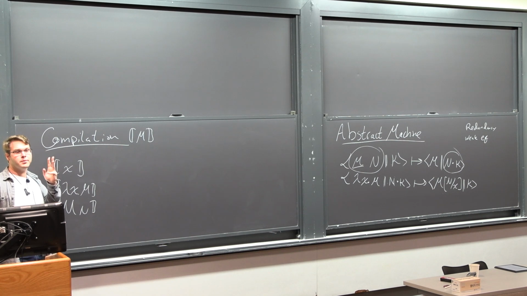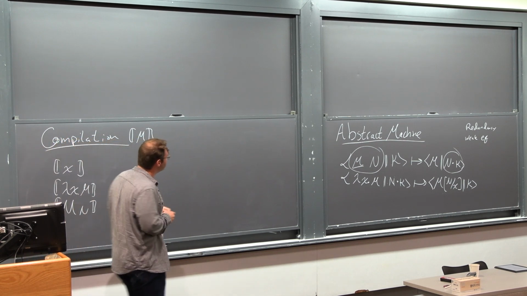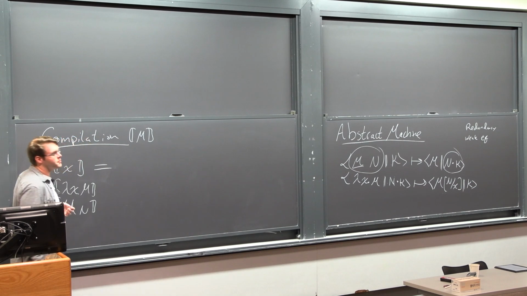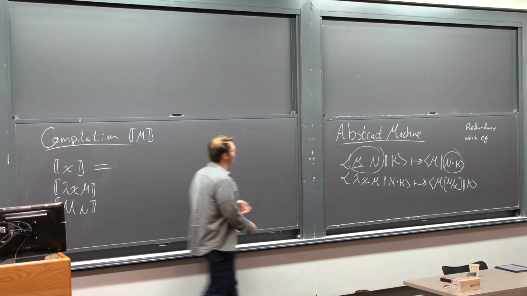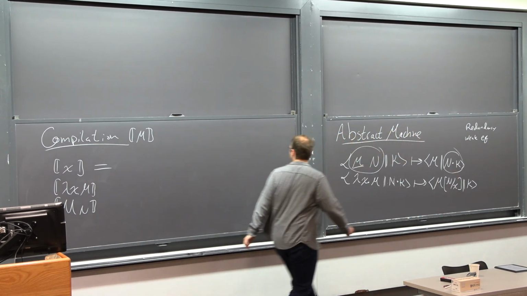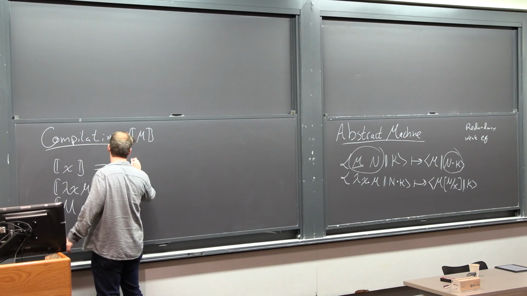So these are the 3 possible terms of the simple lambda calculus that I could see. And so what am I going to turn them into? So variable, what can I do with the variable? Not much, right? Variables are going to be plugged in by this substitution for now. So I can't really do anything for the variable.